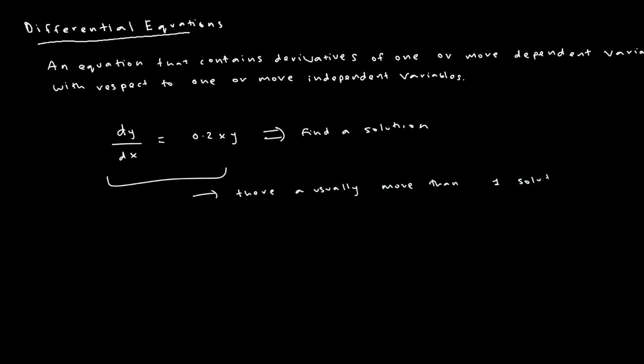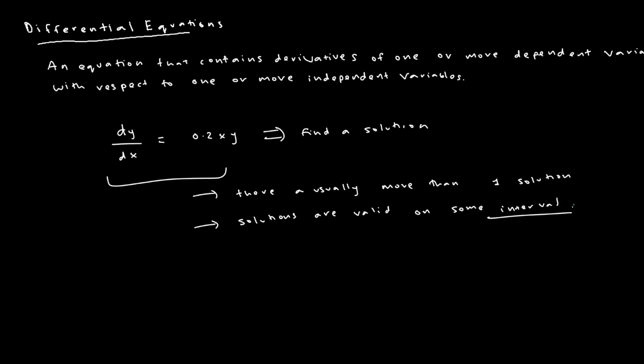And solutions are valid on some interval. So we're going to be dealing with these properties, that we have solutions, but they only work for certain intervals, or they're only valid on certain ranges.